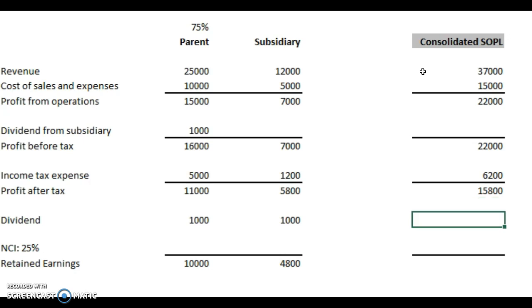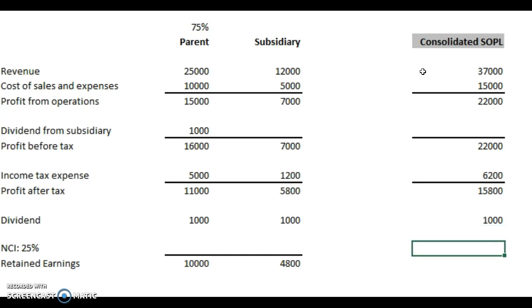The dividend again is just money going out of the group. We're consolidating these two companies as if they were one, so we're only going to look at money leaving the group. So we just add in dividend here for the parent only, so that's 1,000.